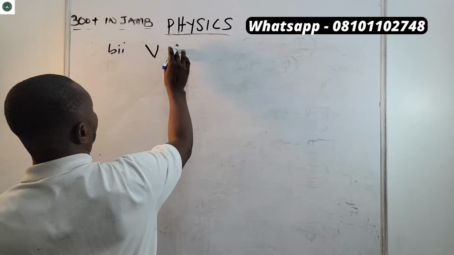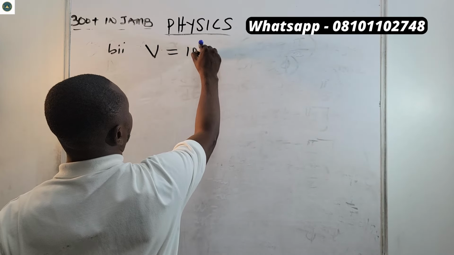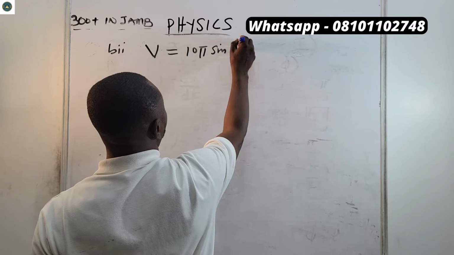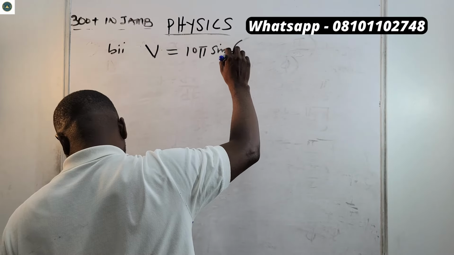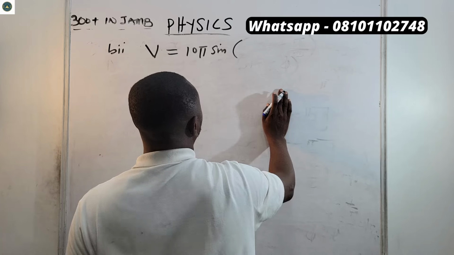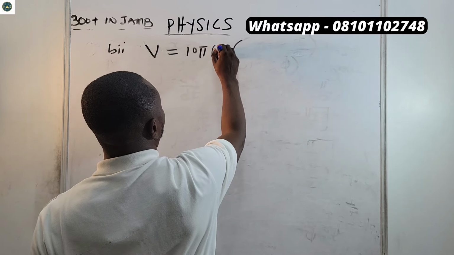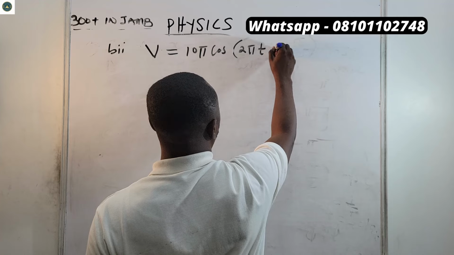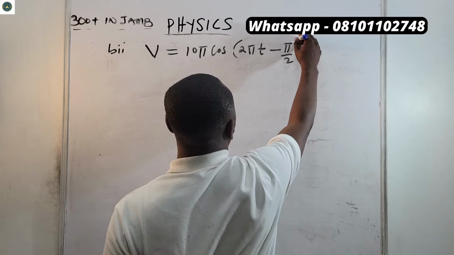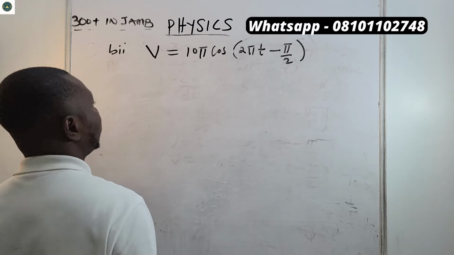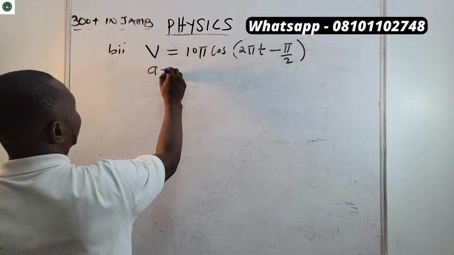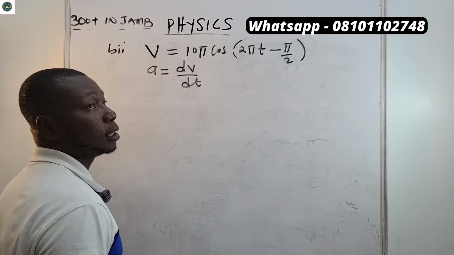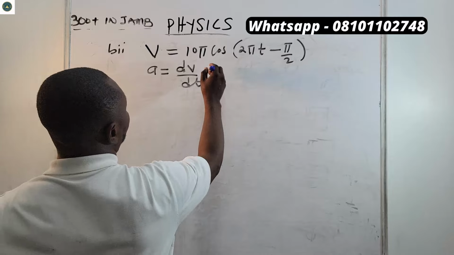We got velocity to be 10 pi cos(2 pi t minus pi over 2). So acceleration is dv/dt.